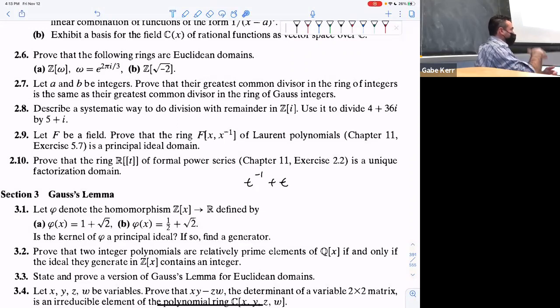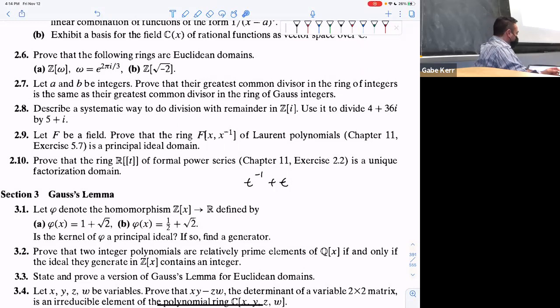Just take your lowest exponent, like x to the negative 100, and multiply by x to the 100. Everything becomes a polynomial. So if you have a product of two Laurent polynomials equal to 0, then by multiplying by a power of x, you get a product of two polynomials equal to 0. That doesn't happen. Polynomials form a domain. So it's a domain. Don't worry about it.